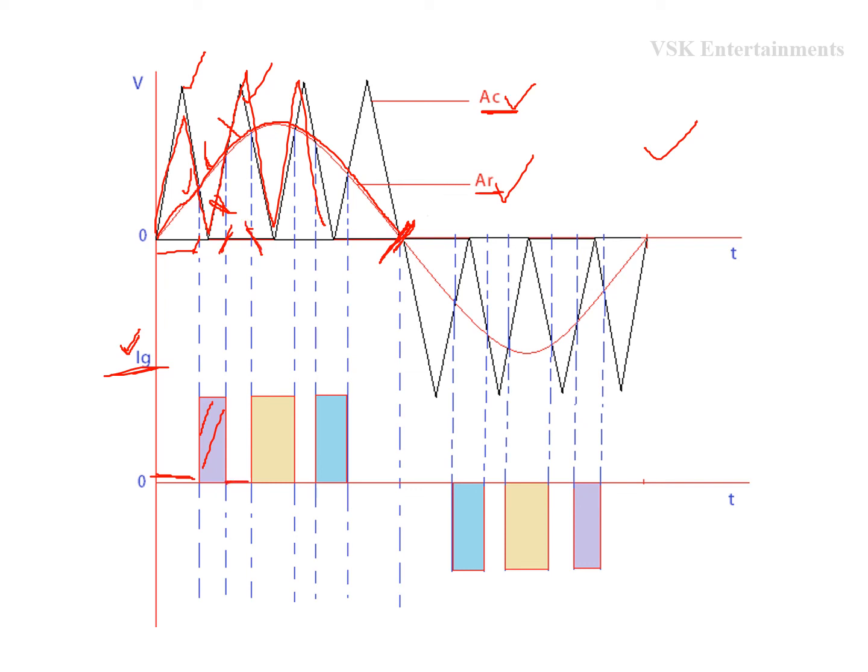Similarly, from this point to this point, the magnitude of carrier is less than the magnitude of reference signal, so we are going to get the gating pulse. Similarly, for the next duration, from this point to this point, the magnitude of carrier is greater than the magnitude of reference, so we are not going to get any gating pulse. Again, from this point to this point, the magnitude of reference is greater than the magnitude of carrier, so we are going to get the gating pulses.